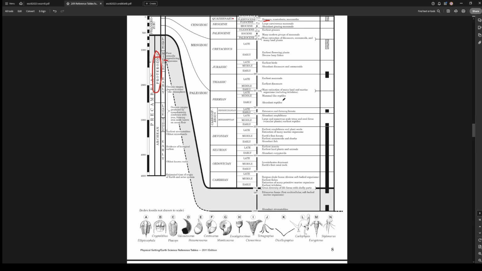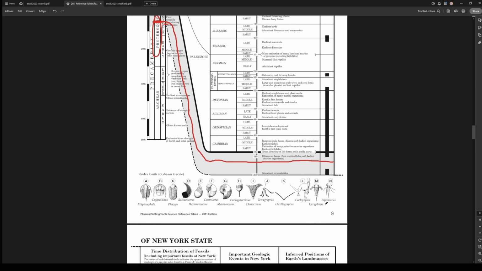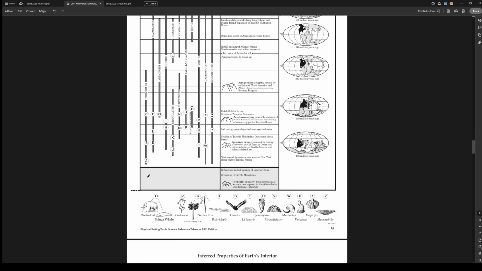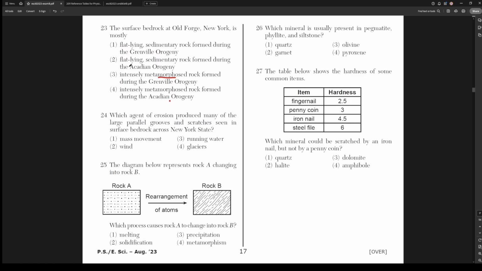My reference table is on 2 separate pages, but watch. Middle Proterozoic's here. It's in this gray area, so we're going to go down, keep in the gray area. Right here, and then it would go to this page. Yours is going to be like the same right across. And look. Grenville orogeny. That question was hard. So it's going to be intensely metamorphosed rock during... That was tough. I would say this is tough. If you're getting something like that correct, you probably don't need to watch my video.